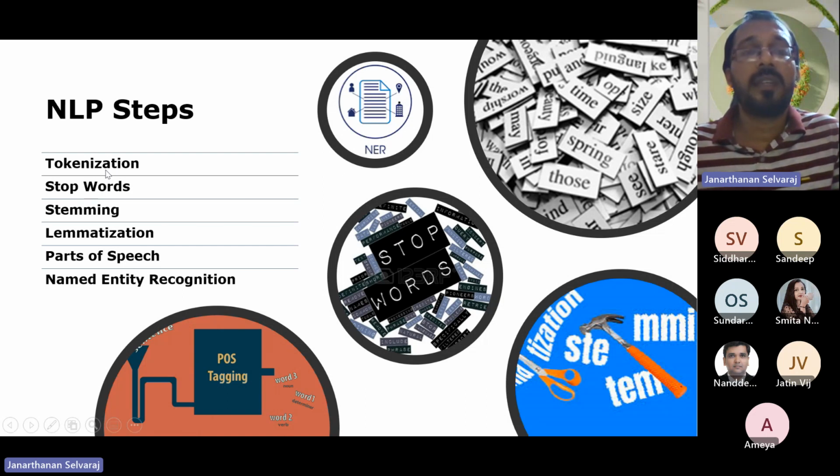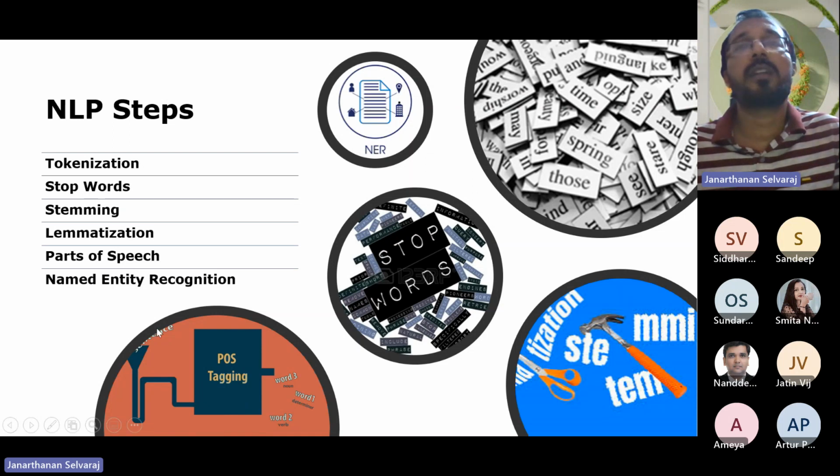When it comes to stemming and lemmatization, in stemming, if I want to remove the ing form from a word, which is nothing but the gerund, that is stemming. The output of lemmatization is an actual word, but when you go for stemming, you are not getting the root form. That's why most of the time we will not use stemming.